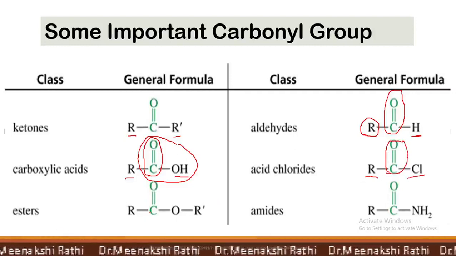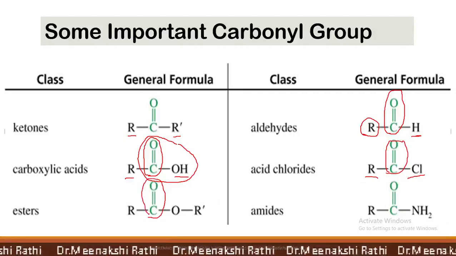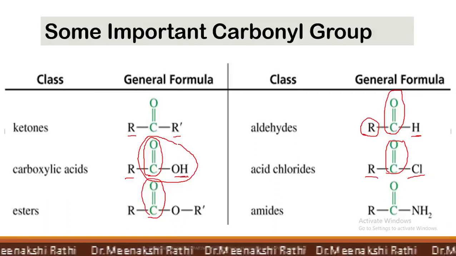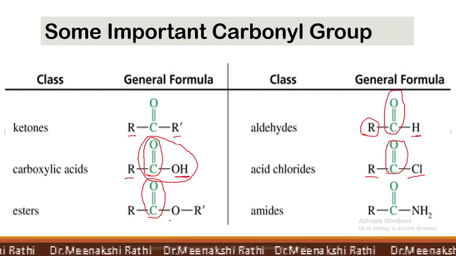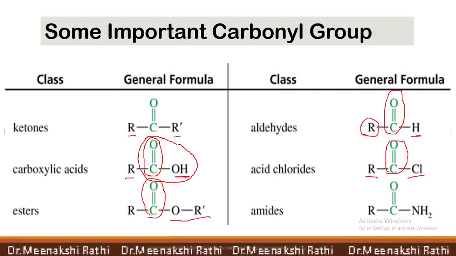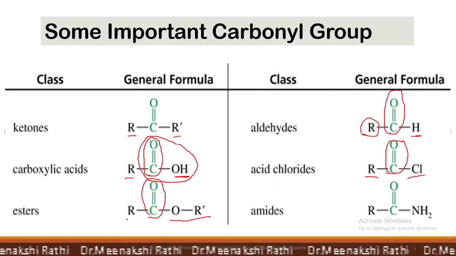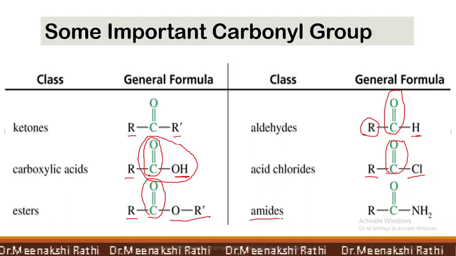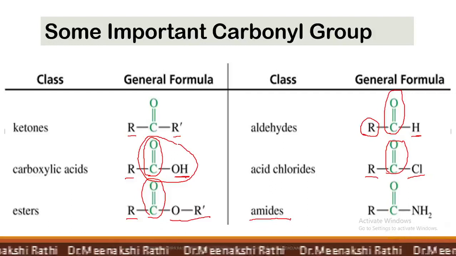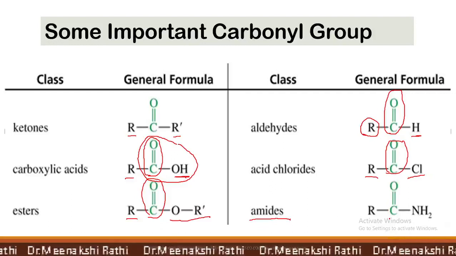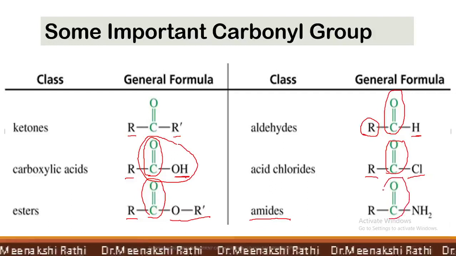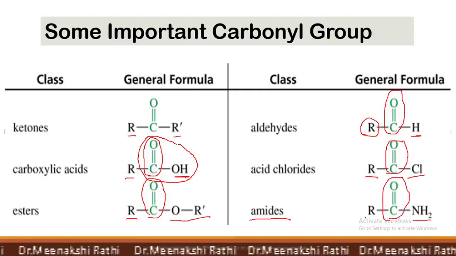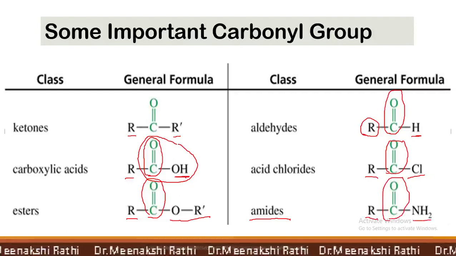Esters also contain a carbonyl group, but instead of OH like carboxylic acid, there is OR, an alkoxy group, and one alkyl group. The next class of organic compounds is amides. Amides also contain a carbonyl group, to which an NH2 group as well as an alkyl group is attached.